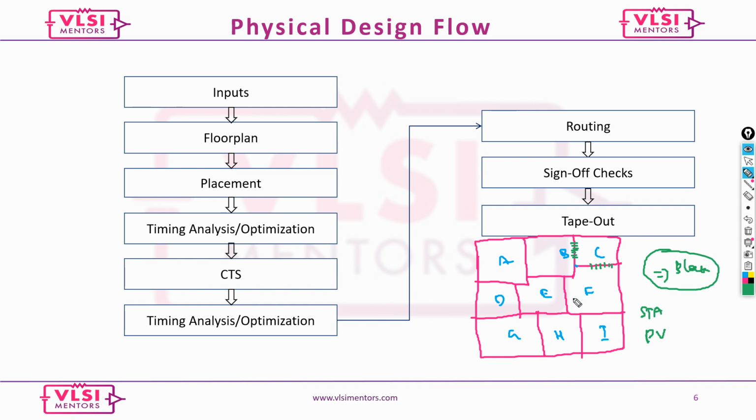Once your block is clean, we will not be taping out, because your full chip needs to be clean. Say all the blocks are clean, but E is not clean. That means the design is not clean yet. So as a full chip only, we go and do tape out. This design has to close, and then we go for tape out. That is a common process that we follow in industry.